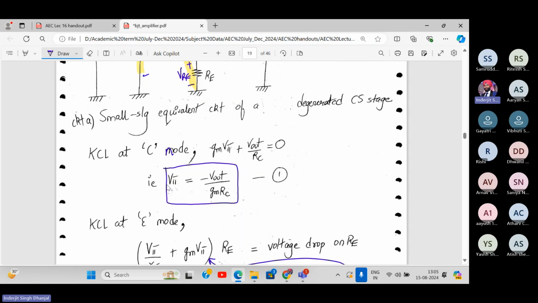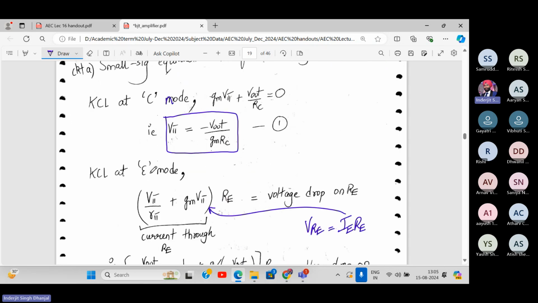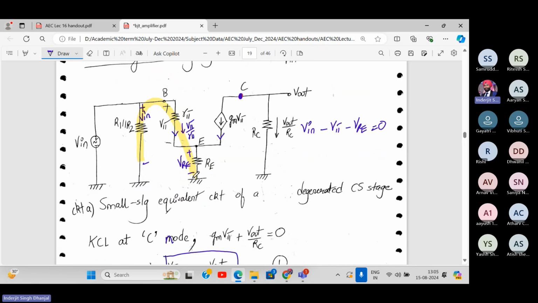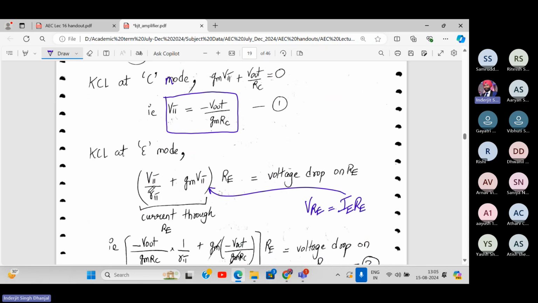Now you apply KCL at the emitter node. The voltage drop across RE is IE into RE, yes or no? And what is the current through RE?